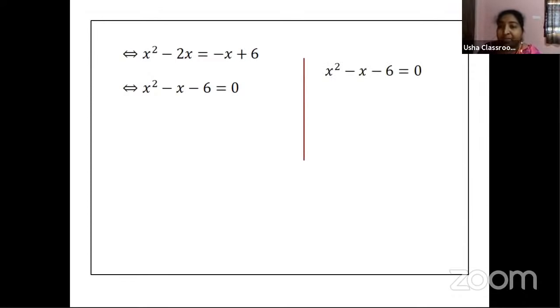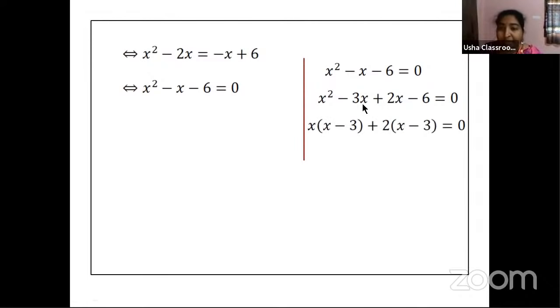x² − x − 6 = 0 can be written as x² − 3x + 2x − 6 = 0. Right? From the first two terms, you can take x common and write it as x(x − 3). And from the last two terms, you can take 2 common and you will get 2(x − 3) = 0.